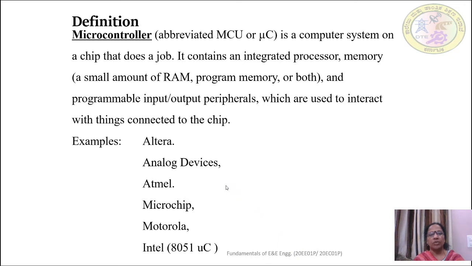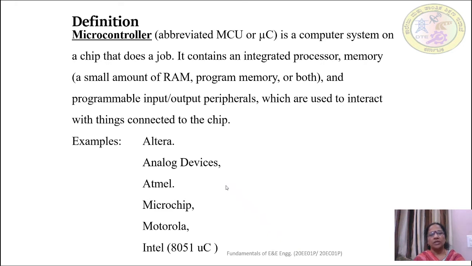Example microcontrollers are Altera, Analog Devices, Atmel, Microchip, Motorola, Intel 8051, and so on. These are some of the examples of the microcontroller. So students, a microcontroller is also a computer system which has its own processor and its own memory.